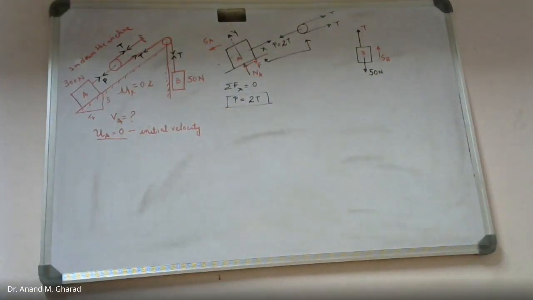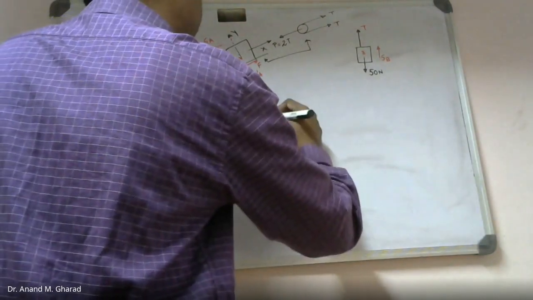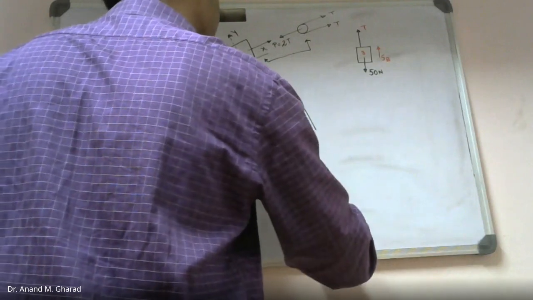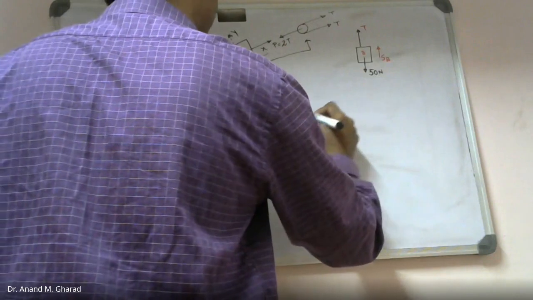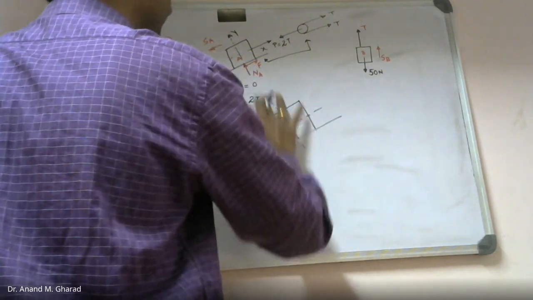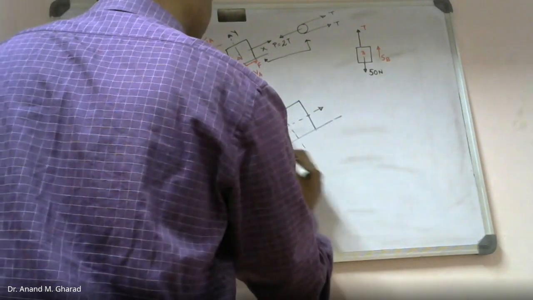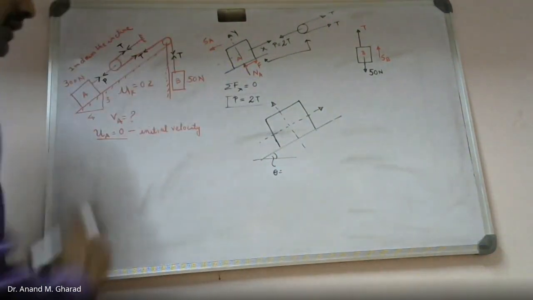So let us redraw this, because we will have to identify certain more parameters. Okay? Let this be x-axis, let this be the y-axis, right? You know this angle can be evaluated, tan inverse of 3 by 4.